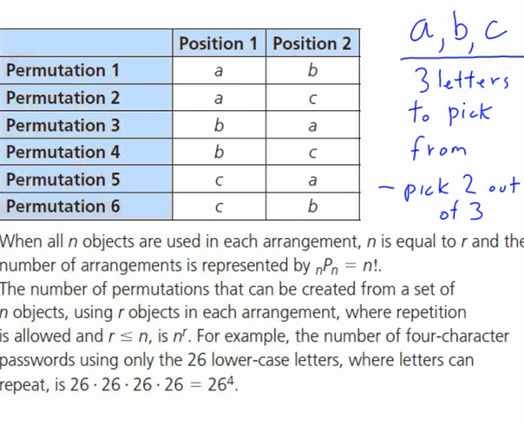B and C, C and A, C and B. And I guarantee you this: if you have 3 objects and you're only picking 2, there's 6 ways, no more, no less. Not 5 ways, not 7, only 6.